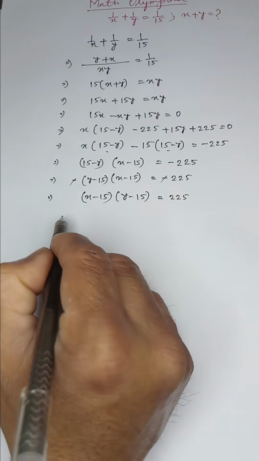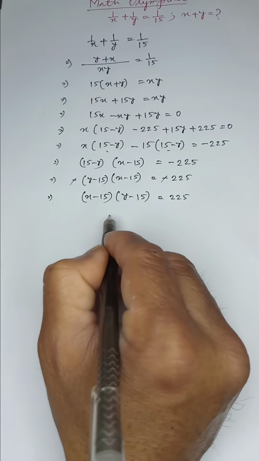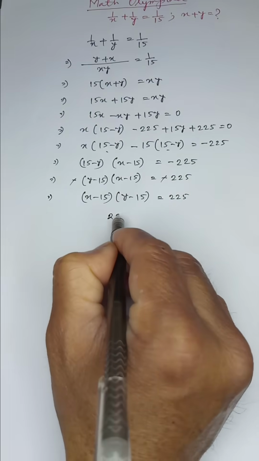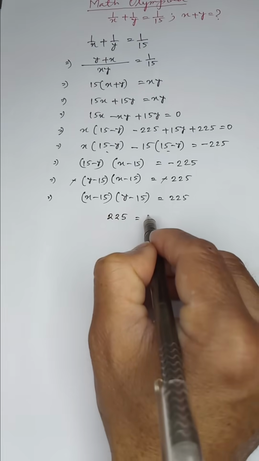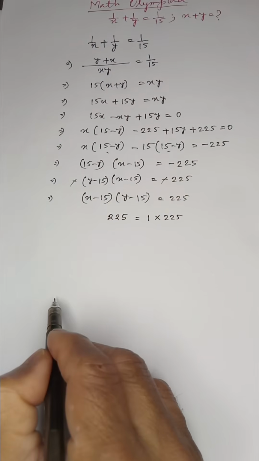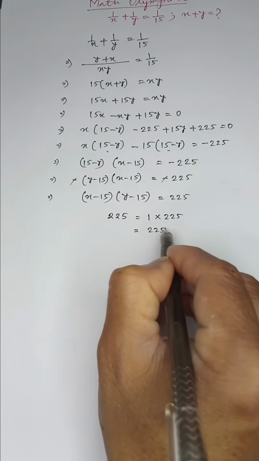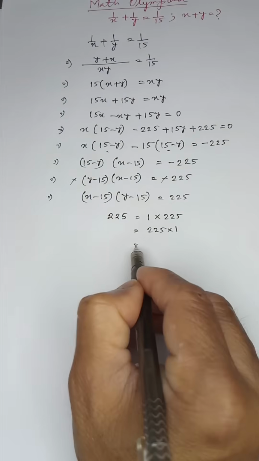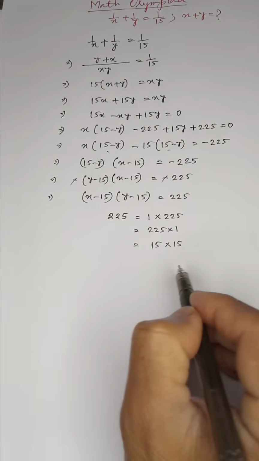The factors of 225: if I write 225 as 1 into 225, we can write 225 also as 225 into 1, also 15 into 15, and so on.